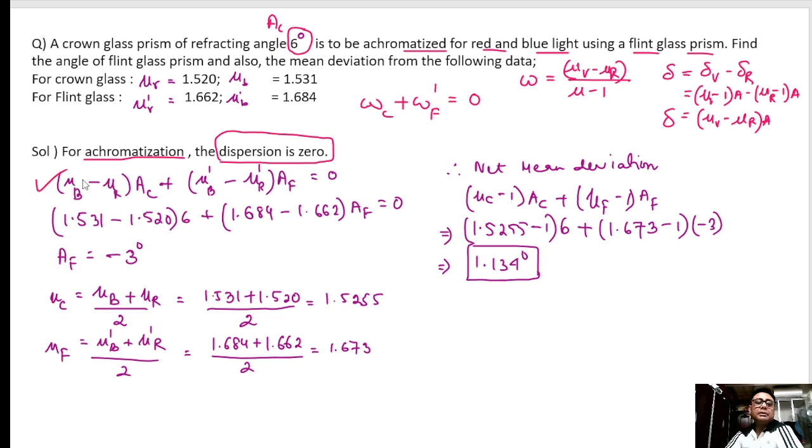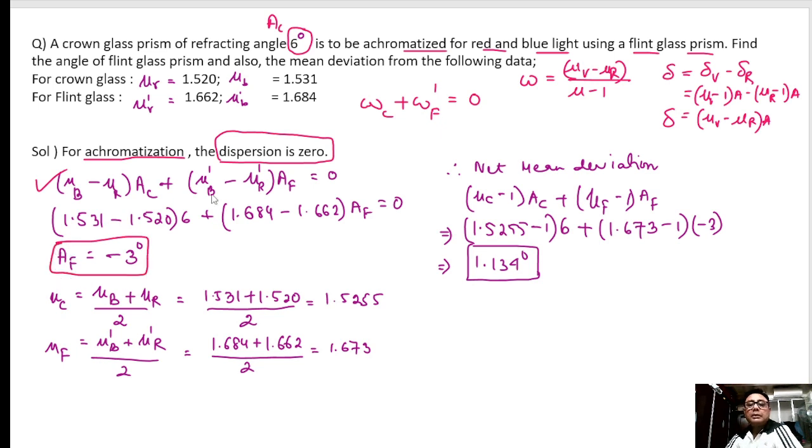So net dispersion is 0. So using this formula, with mu v, mu r, angle of the prism for crown glass and angle of prism for flint glass, everything from here, we found out the angle of prism for the flint glass.